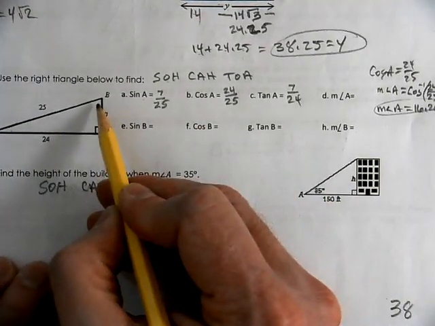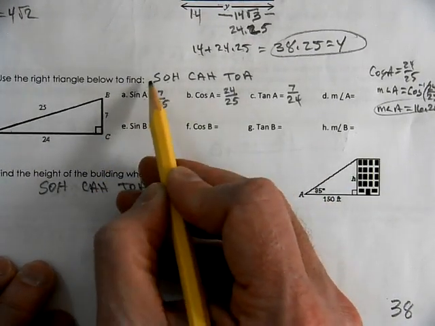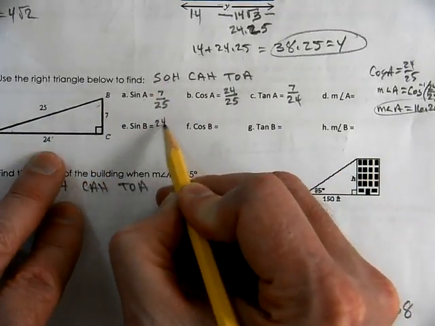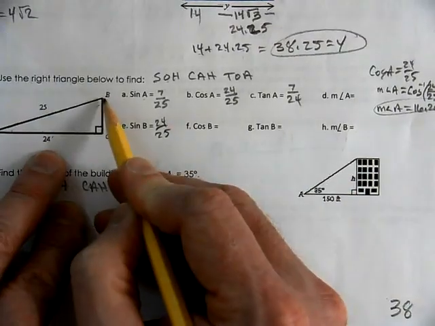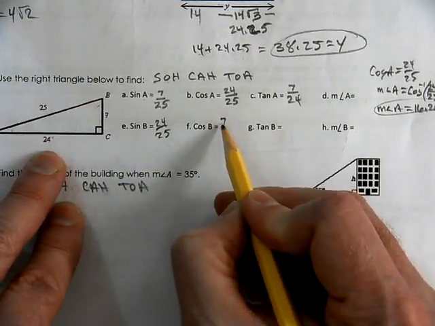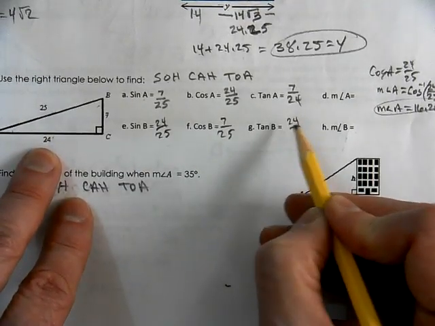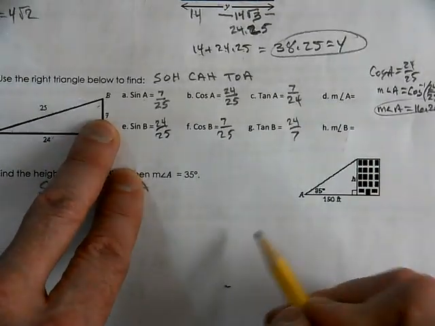Okay, the sine of B, from B's point of view, sine is opposite over hypotenuse, so that's 24/25. Cosine is adjacent over hypotenuse. Tangent is opposite over adjacent.